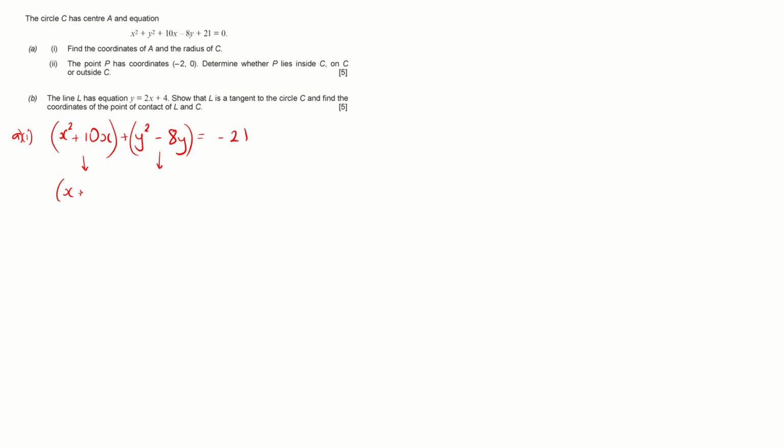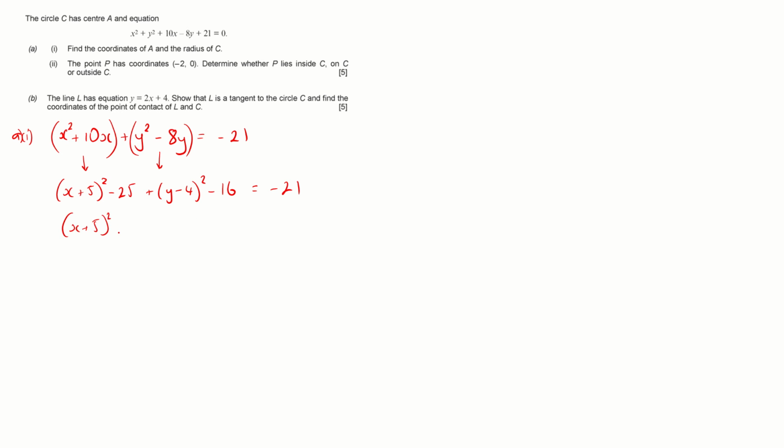So that's going to be (x plus 5) squared minus 25 plus (y minus 4) squared minus 16 equals minus 21. At this stage, the minus 25 and the minus 16 can be grouped together to give you minus 41, and then you take that over the other side.